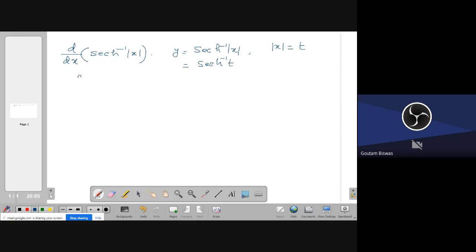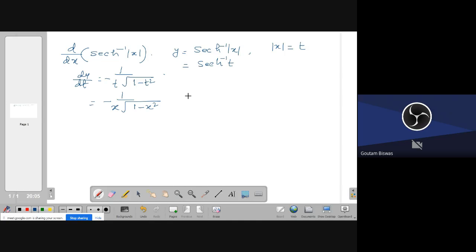So you find out dy/dt. What is it? Minus 1 by t into root over 1 minus t square. And you put the value of x. For positive values of t, it is nothing but x, and so 1 minus x square.